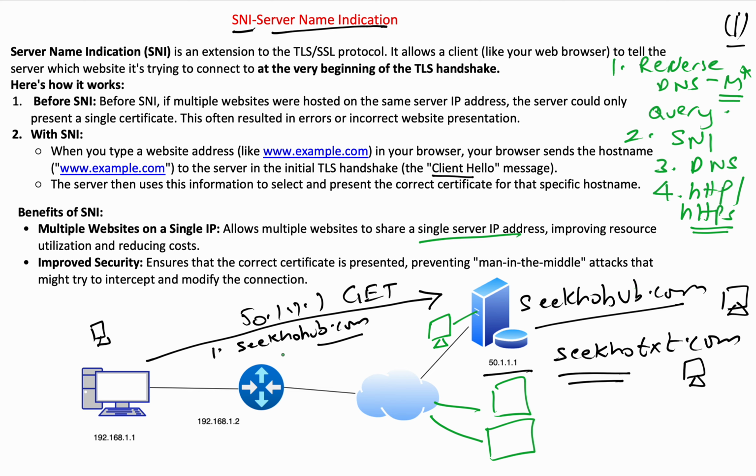Since in the client hello itself, I sent a particular message stating that I need this URL and this URL only, this ensures that the correct certificate is presented, because I get only that certificate in my padlock, right? When I click on it, I see that certificate. This prevents a lot of man-in-the-middle attacks that may try to intercept and modify the connection. So this adds a lot from the security perspective as well.